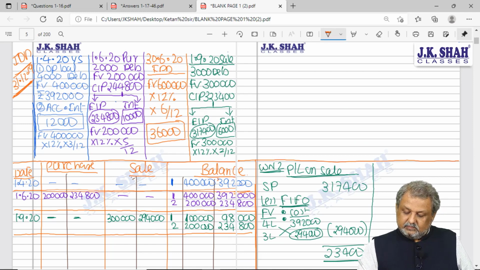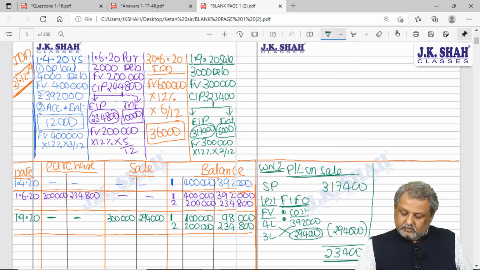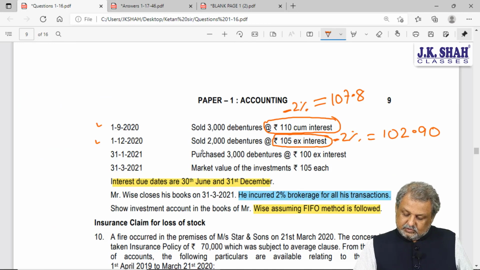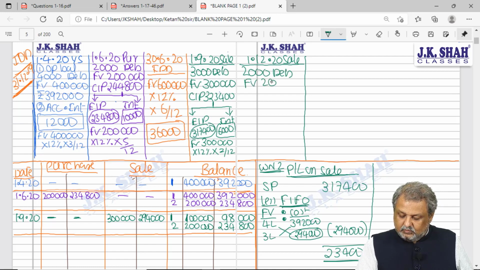So sale on 1st December 20, 2,000 debentures. Face value 2 lakhs. Ex interest price 2,05,800.